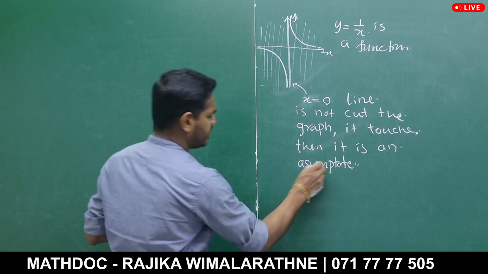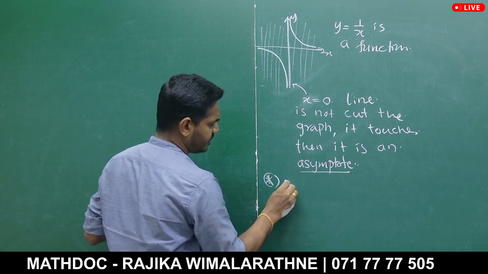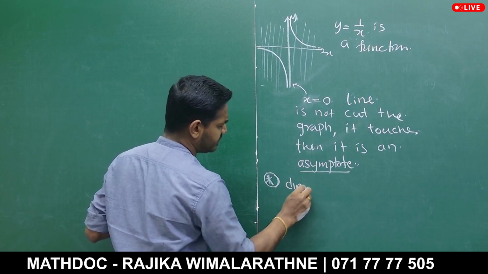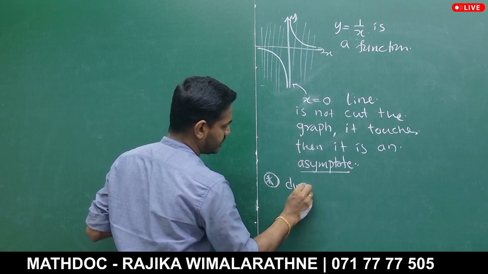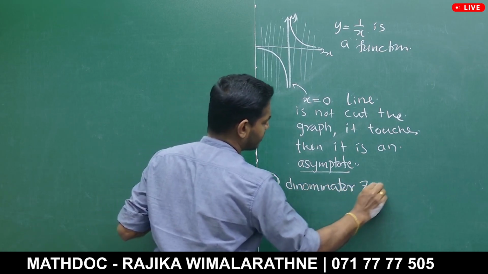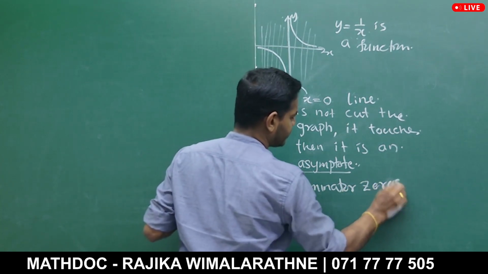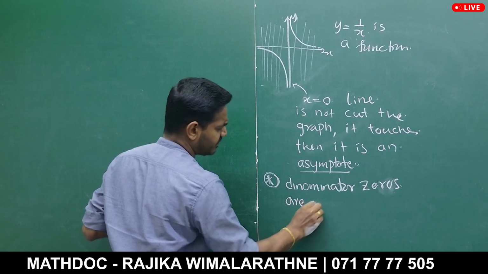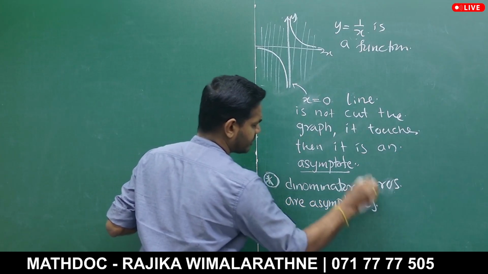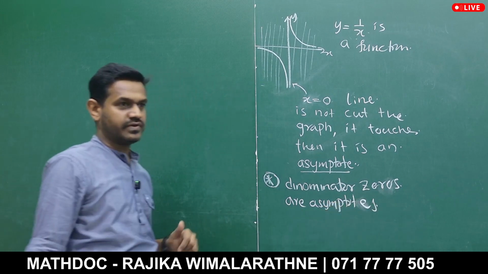Okay, here with a star mark write down: asymptote, denominator zeros are asymptote.